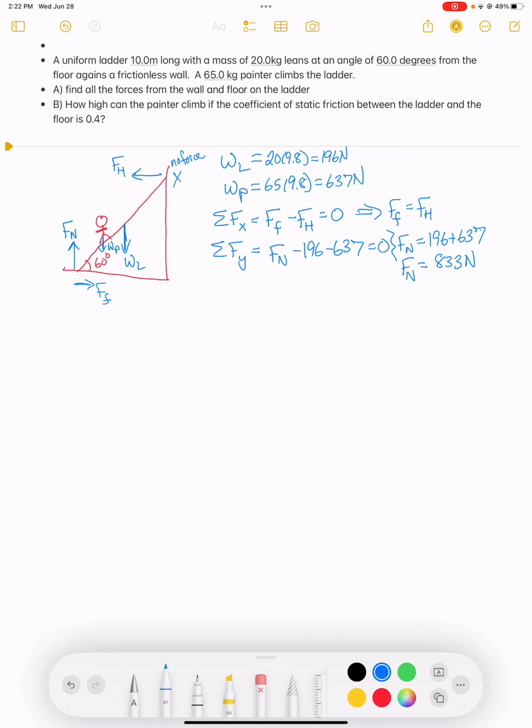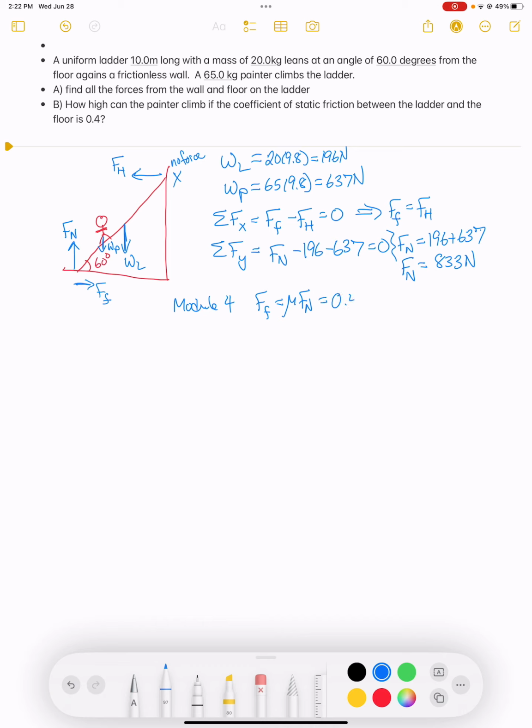Okay, so do I know any of my other forces? Do I know the force of friction? Do I know the horizontal force? Well, I know from module 4 that the force of friction is mu times the normal force when I'm at the maximum value. And I'm told that I'm right at the point where the painter is going to start slipping, so I know that I'm at Fs max.